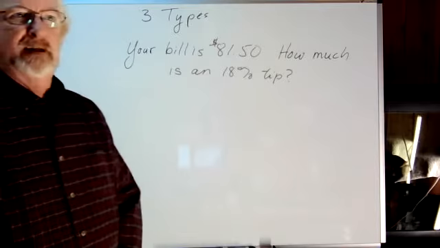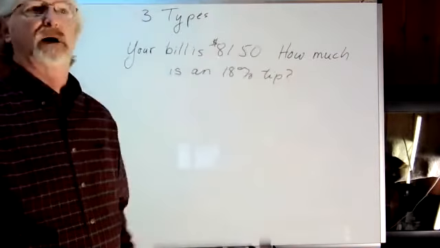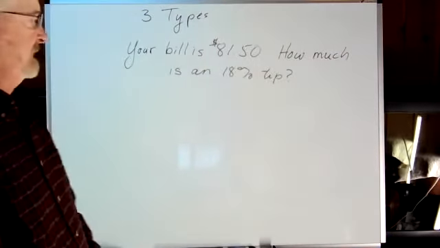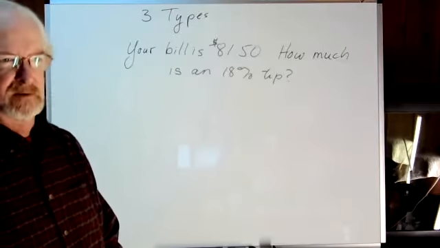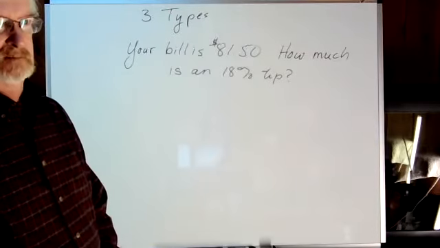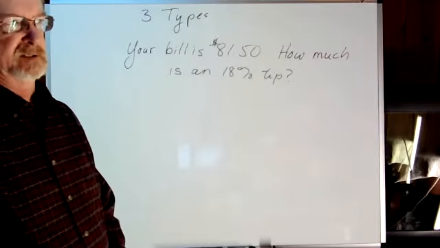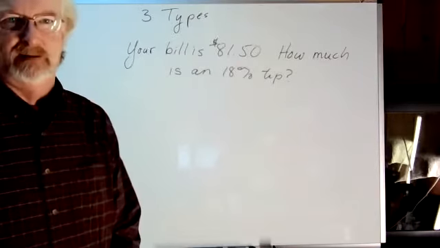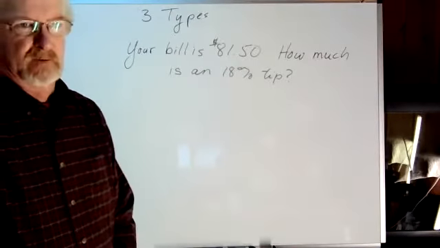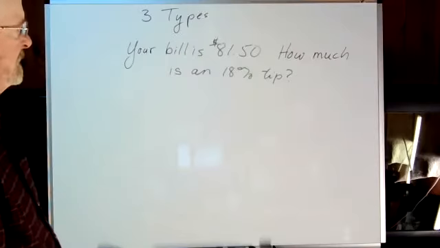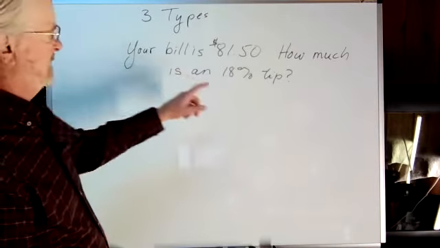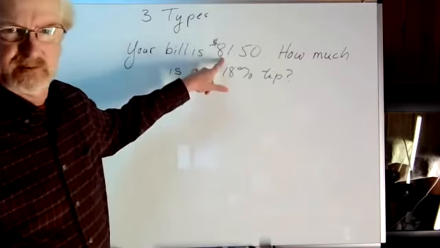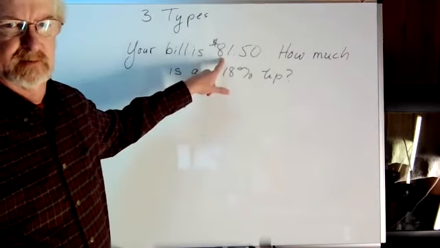Now, if you can take this word problem, two sentences there, and restate it in terms of one of those three types that I presented, then you can translate it to the equation shape. So I'm looking for, does it make sense? What is 18% of 81.50? Right, that's what we're doing.